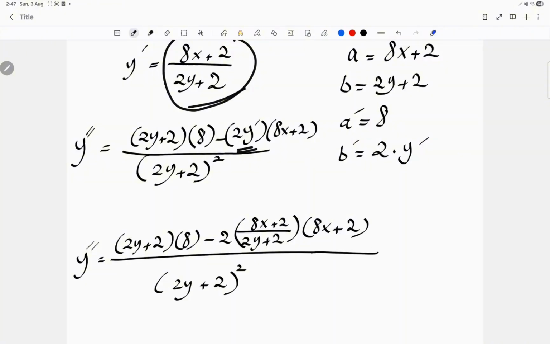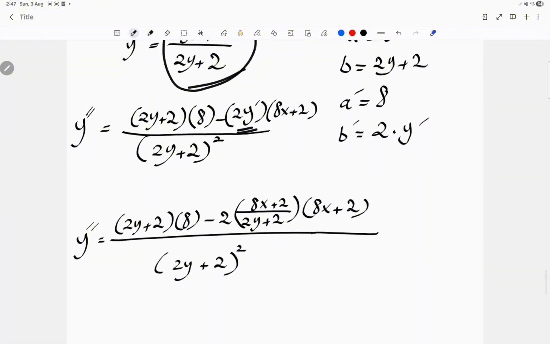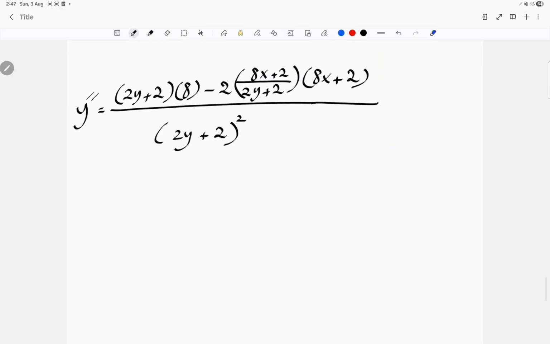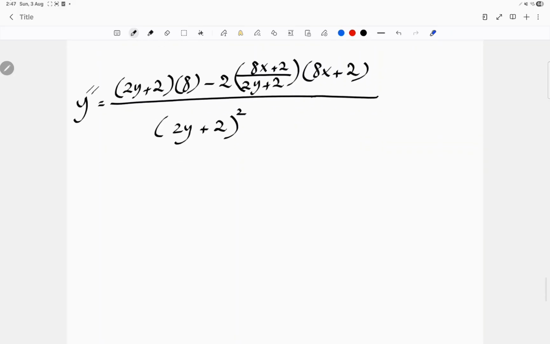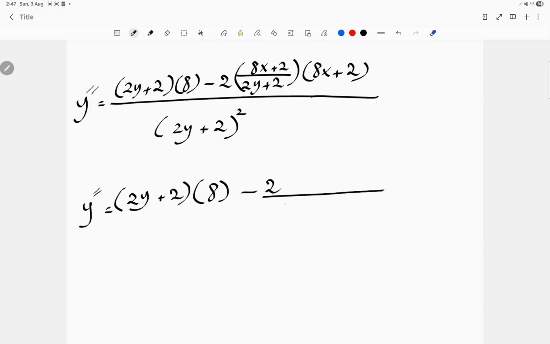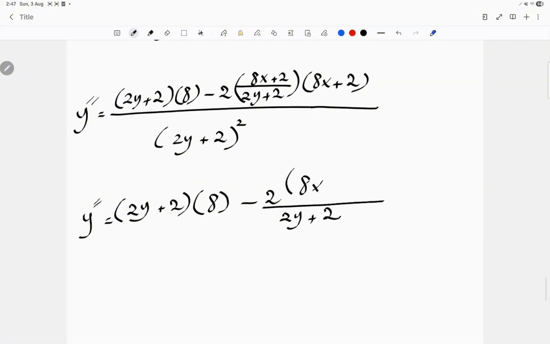But you're not supposed to be leaving it like this. Now we'll try to simplify. So you're going to have 2y plus 2 times 8 minus 2 over 2y plus 2 and 8x plus 2 squared.